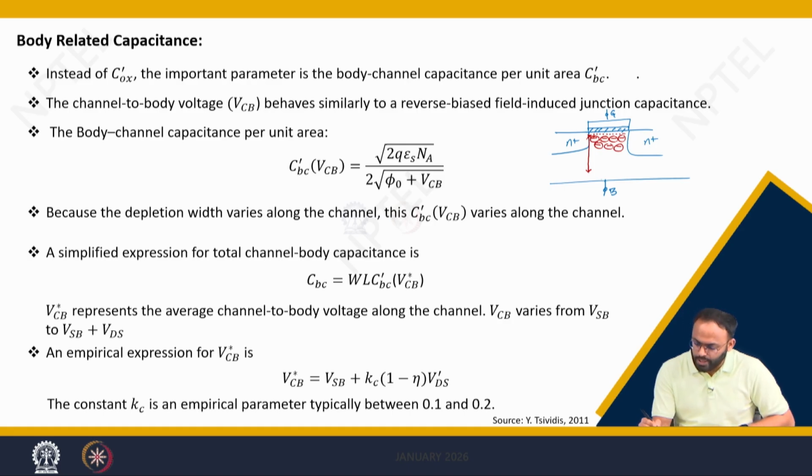capacitance is nothing but a capacitance which is formed between a field induced N region and the P region. So it is nothing but an NP junction, right? This is the inversion charge, which is the field induced N, and here it is the P type body. So there will be a reverse bias junction because you are changing what? The body voltage.